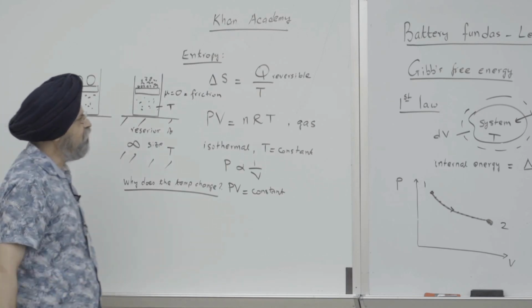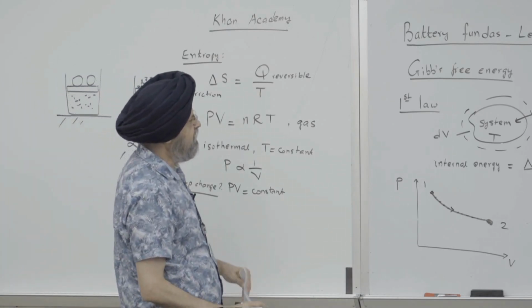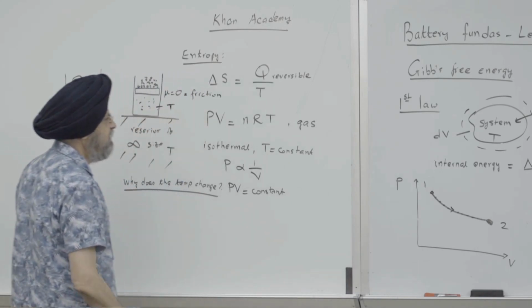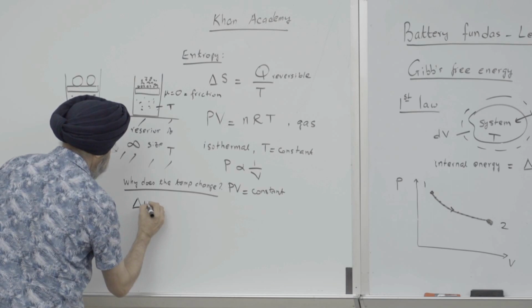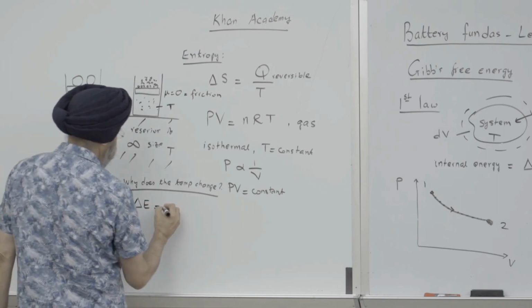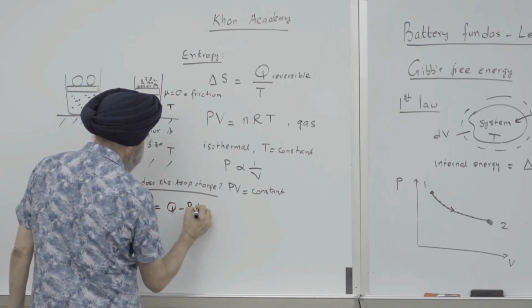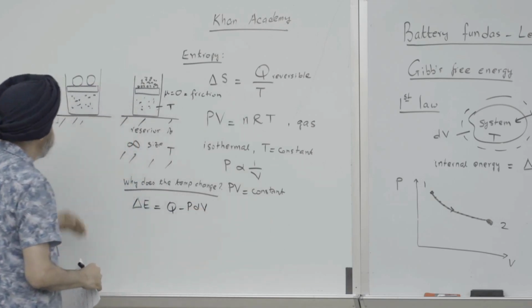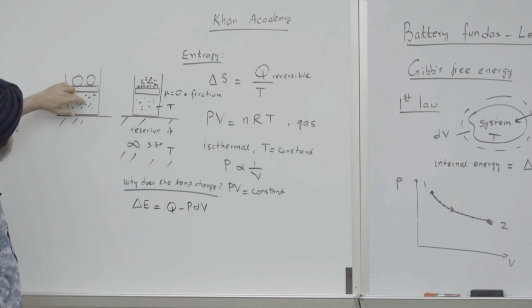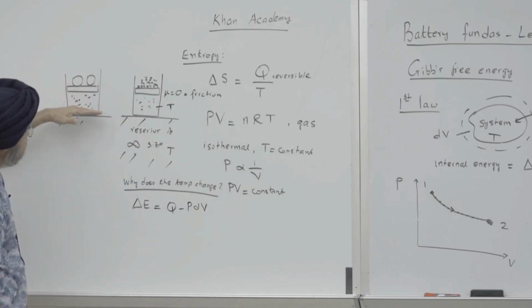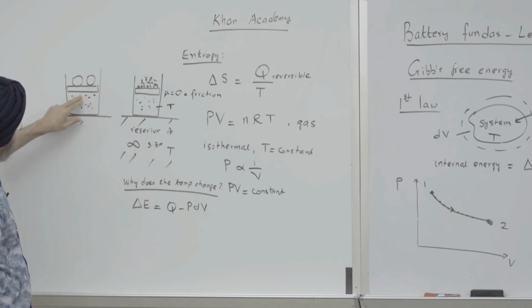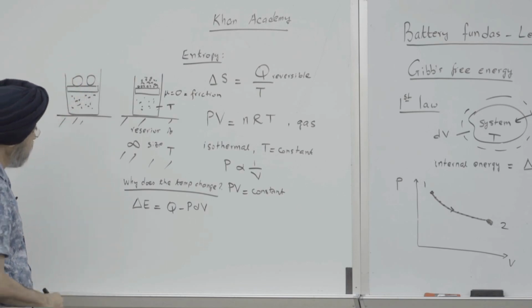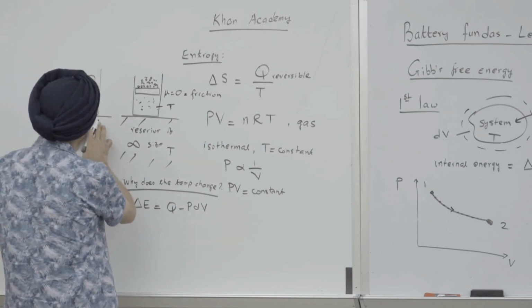The reason is our good old first law of thermodynamics, right? That delta E is equal to Q minus P dV. So this is a system, this is a surrounding. So the gas is working on the surrounding.